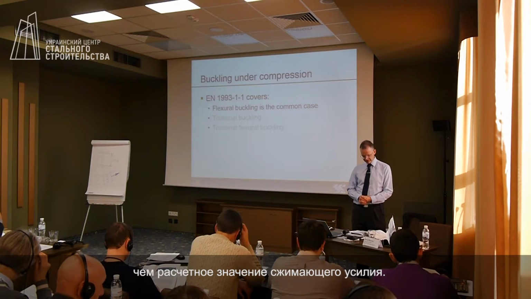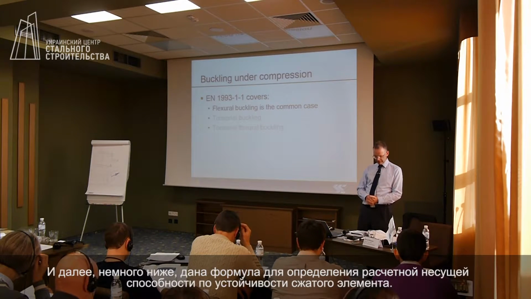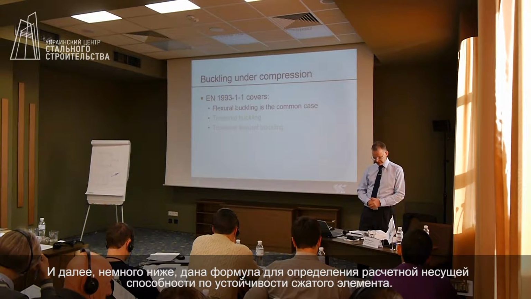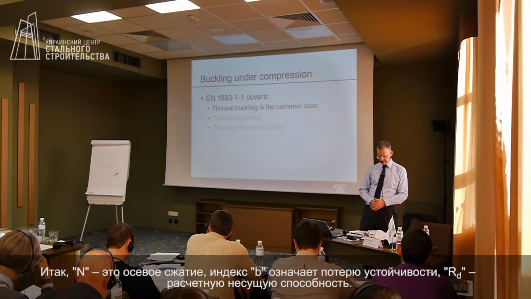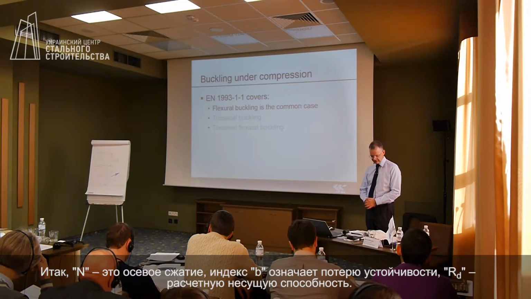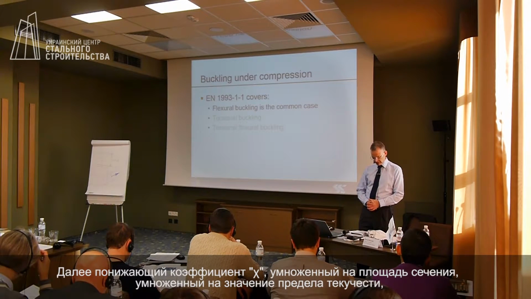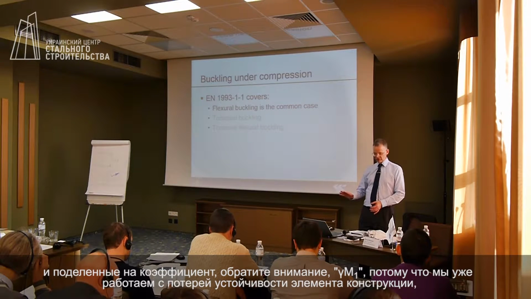The design resistance must be greater than the design effects. And then the design resistance is given by the next formula down. N is for axial compression, B is for buckling, RD is for design resistance, and that's a reduction factor chi multiplied by the area multiplied by the yield strength divided, notice, by gamma M1, because we've left cross-sectional resistance behind.